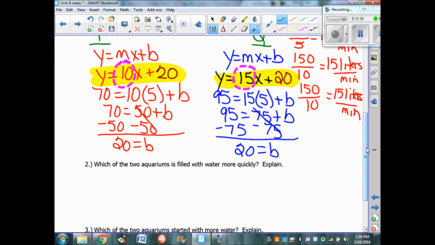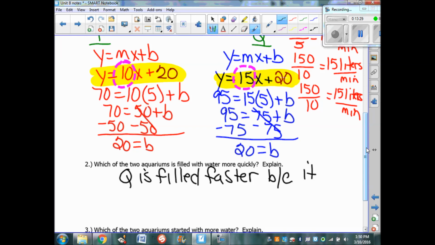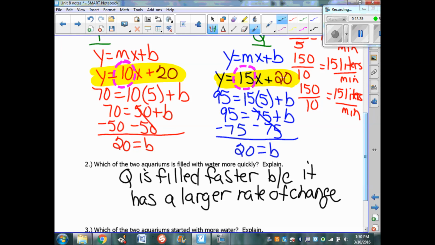Q is filled faster because it has a larger rate of change. It's being filled at 15 liters per minute, and aquarium P is only 10 liters per minute.